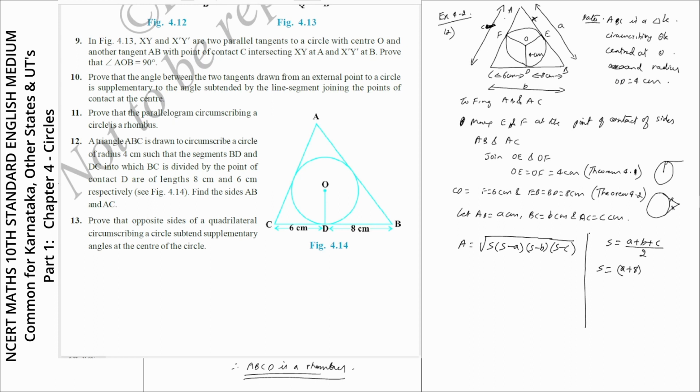So X plus 8. So B plus C is CD plus BD. CD plus BD is 6 plus 8, that is 14. Plus C, the value of which I also don't know. But C is CF plus FA. CF we know that it is 6 centimeter. And let AF be Y.